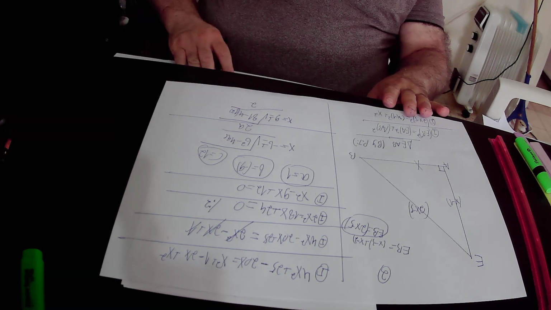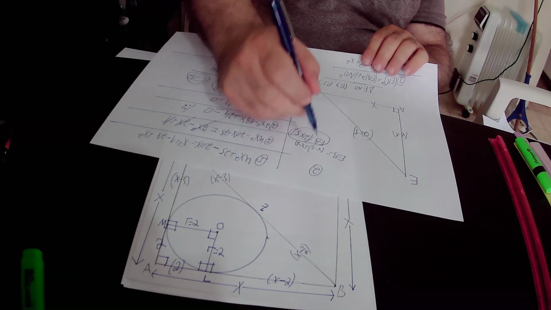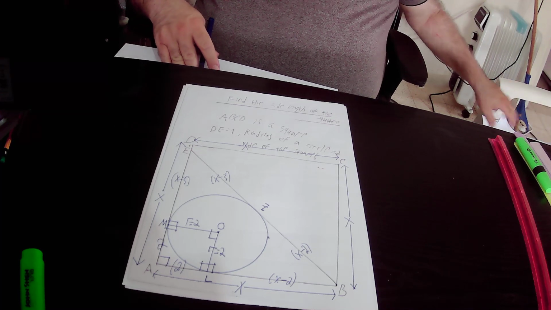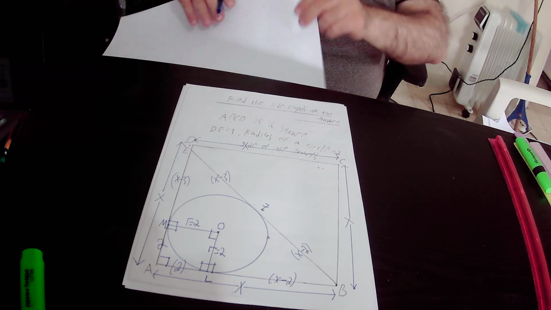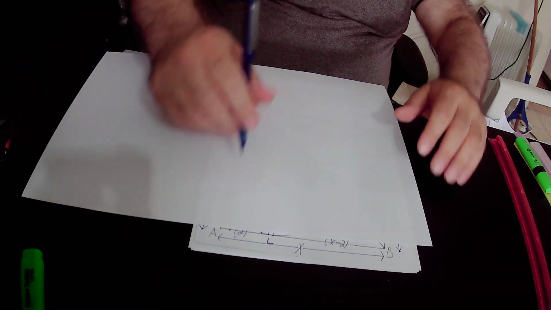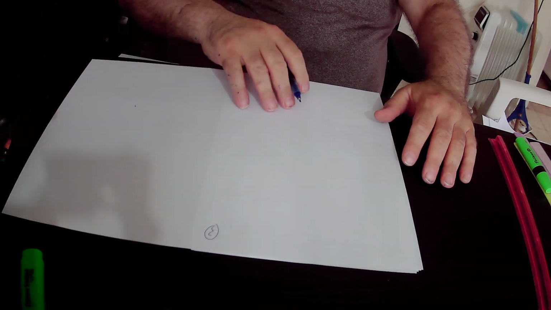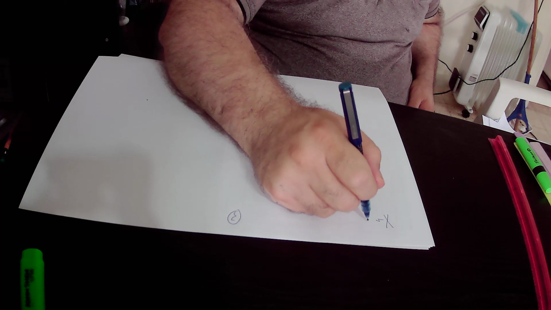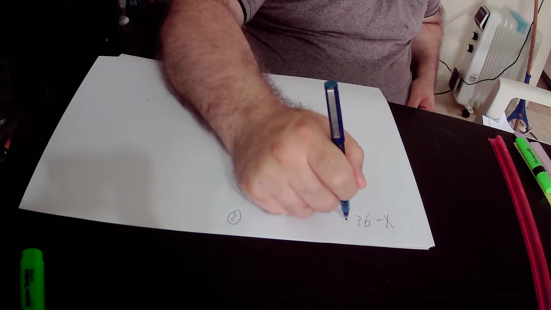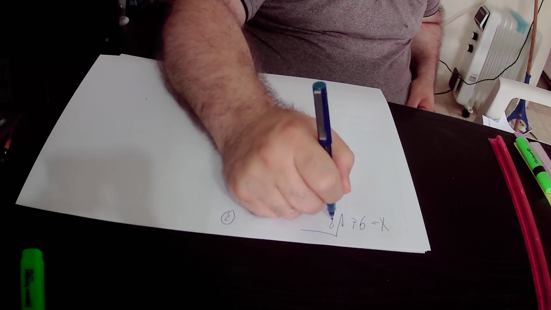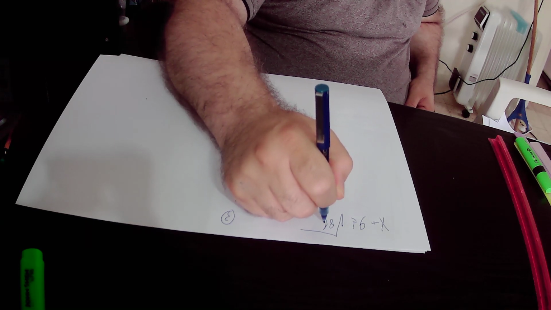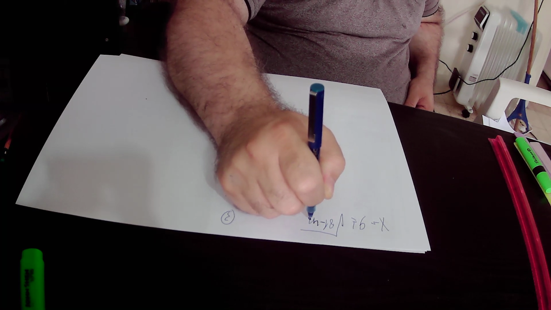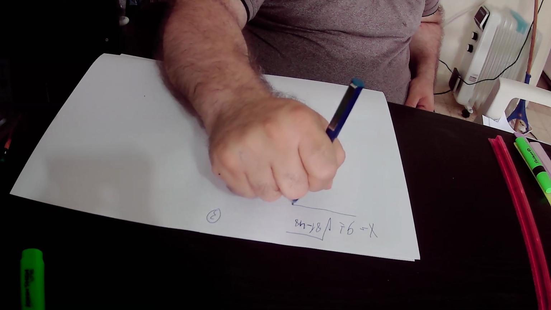So here we get that x equals 9 plus minus square root of 81 minus 4 times 12, over 2.